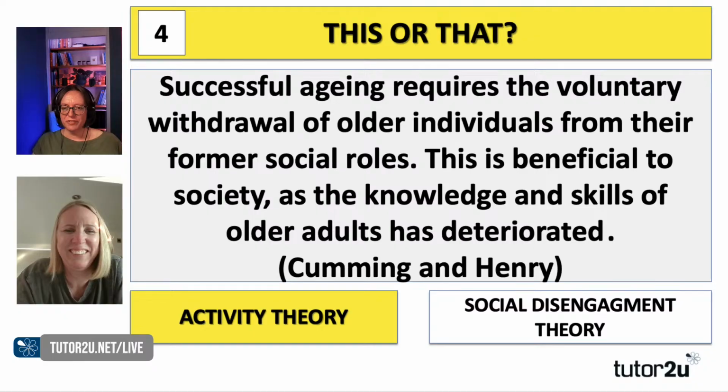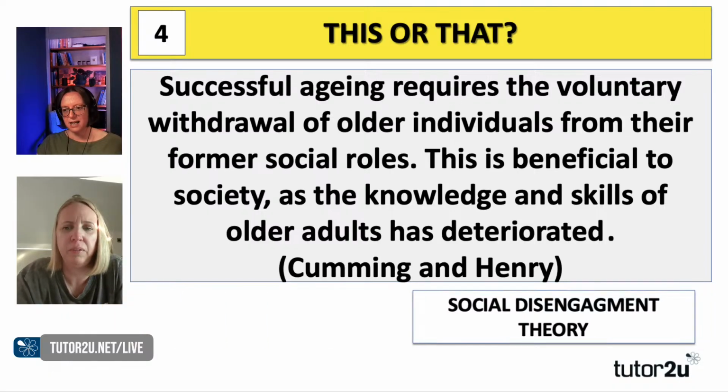Number 4, successful aging requires the voluntary withdrawal of older individuals from their former social roles. This is beneficial to society as the knowledge and skills of older adults has deteriorated, and it was Cumming and Henry that said that. Is that activity or social disengagement theory? Yep, it is the opposite, social disengagement.